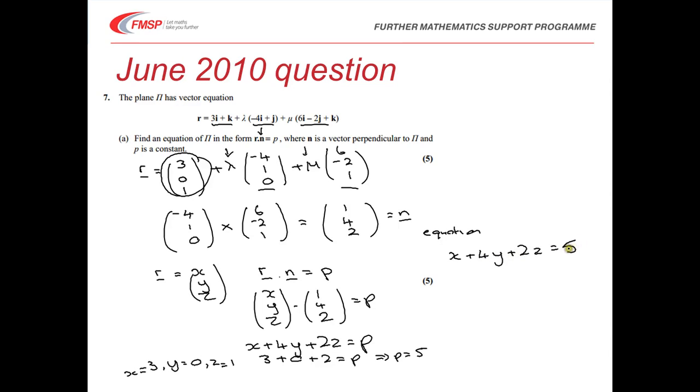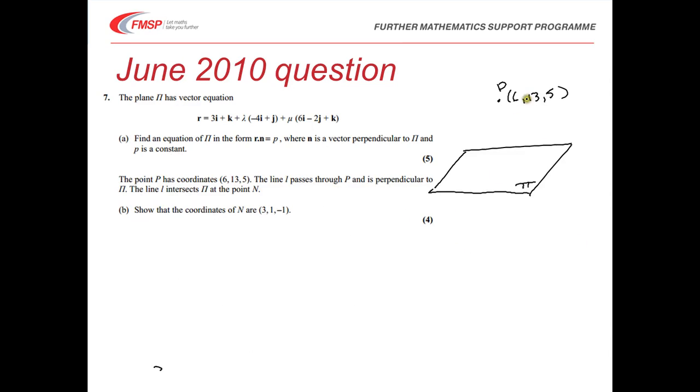The numbers are too big to make that right hand side 5. And we've got a line L which is going through P perpendicular to the plane. So if you imagine it sort of passes through like this and makes a right angle there, and it intersects the plane at N. So this point here is called N.